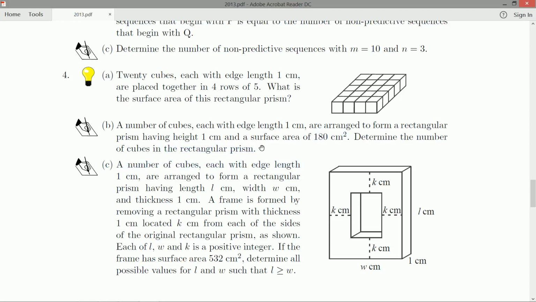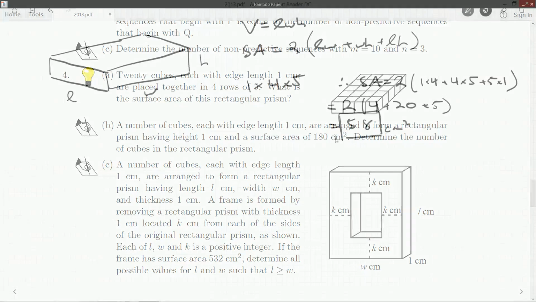I would have thought with only knowing the surface area quite vaguely like that, there'd be a certain number of possibilities for length and width. Oh well. We know it's going to be height 1 centimeter. We don't know the other dimensions. If we knew the other dimensions, we could tell, just like we know there's 20 cubes, because this is a 1 by 4 by 5 here. But just knowing surface area is enough? All right.